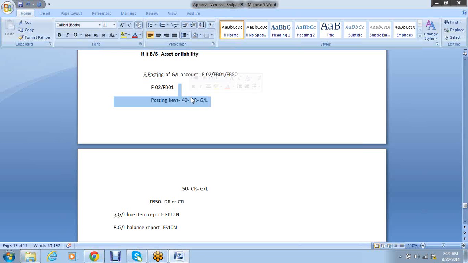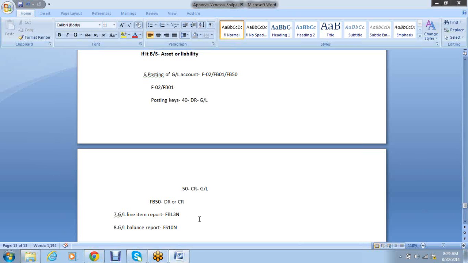Then posting key 50 is used for crediting the GL, only GL, no customer, vendor or assets. Then the FB50 T-code, where we do not use a posting key. We will have the option of debit or credit, which most of the users use because they need not remember 40 or 50. They can give that symbol, debit or credit, while posting the transaction. Only in FB01 do we use the posting key.